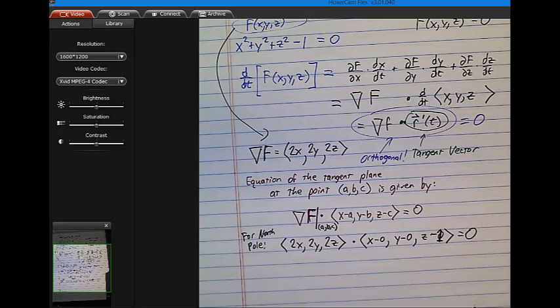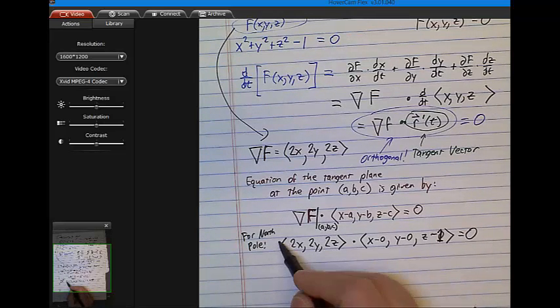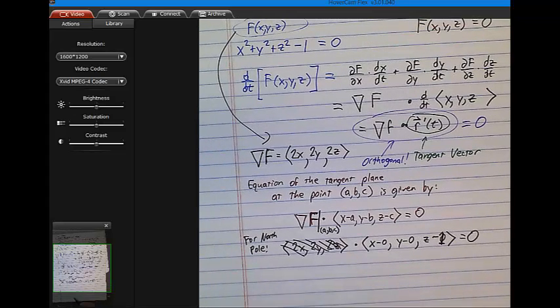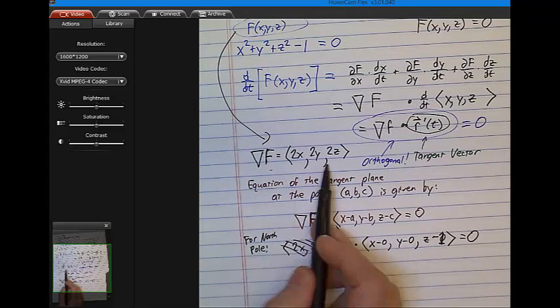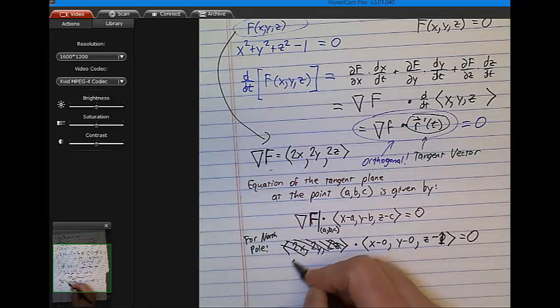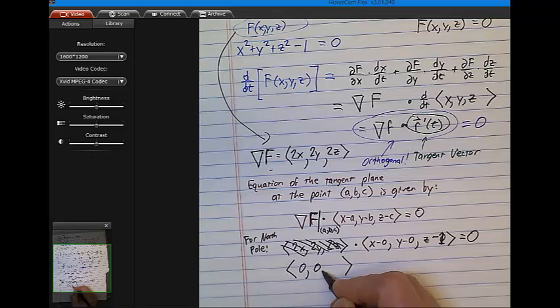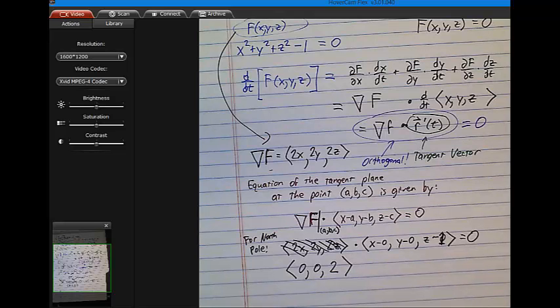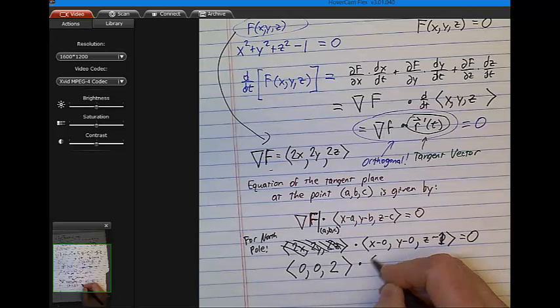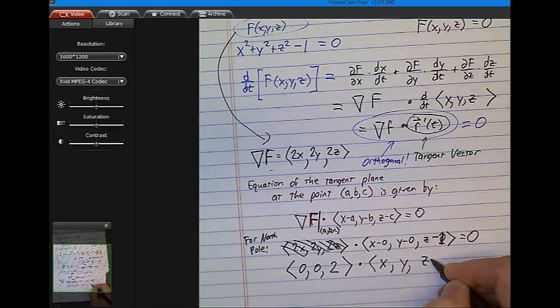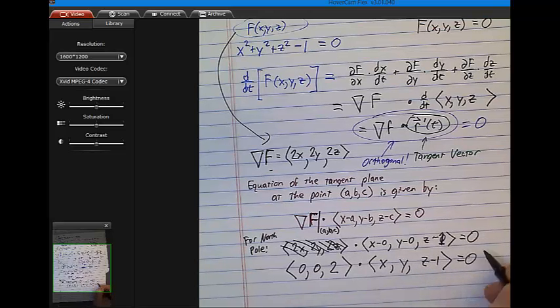So for the North Pole, it's not 2x, 2y, 2z. We have that. We have the gradient of f. But what do we need to put in? Yeah, it would be 0, 0, and then when you plug a 1 in for the z there, you get 2. So 0, 0, 2, dot, this would be x, y, z minus 1 is equal to 0.